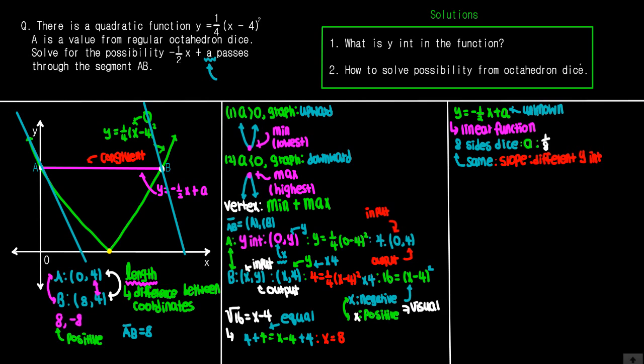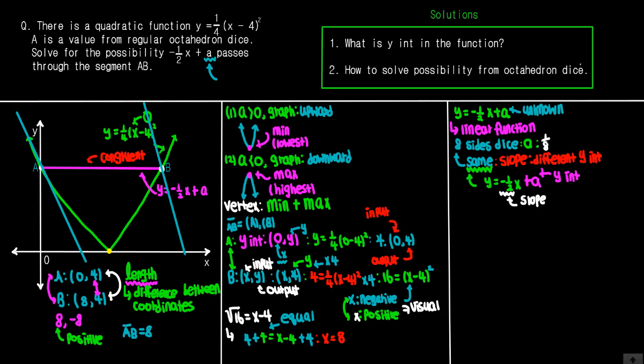So there will be the same slope, which means all the functions besides the one through A and B will be y equals -1/2 x. And the slope is -1/2 in this linear function, and the y-intercepts will be different. So a is going to be the y-intercept, which means it is the output of the function when our input x value is equal to 0.